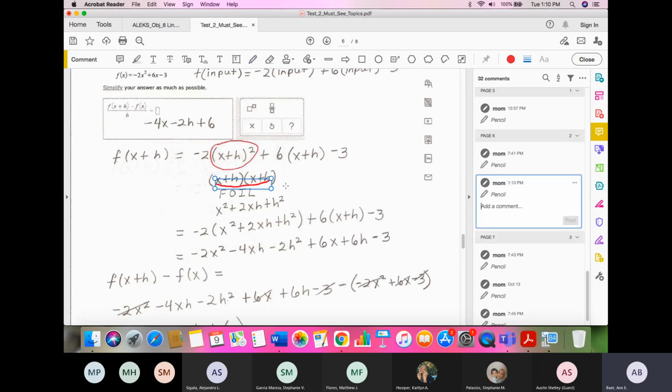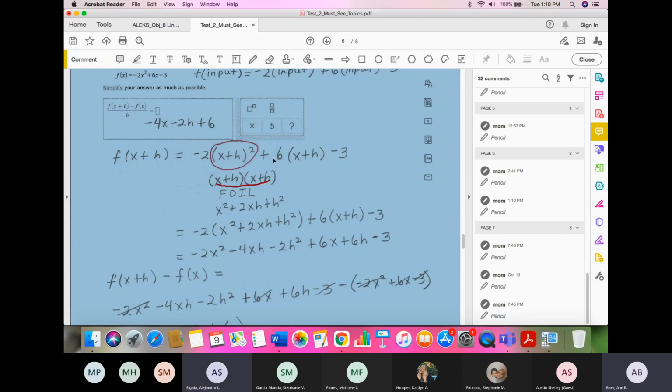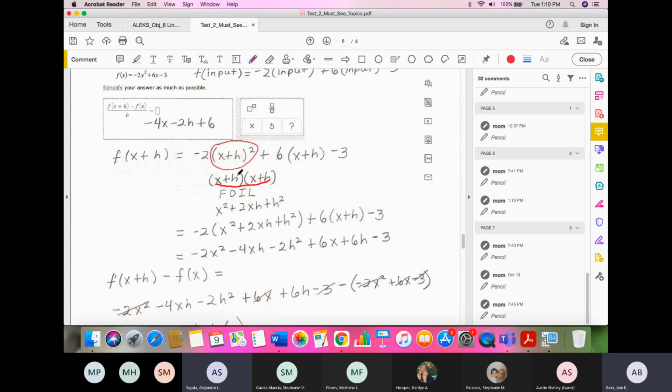Those are the outer 2. Okay? The inner 2, that's these guys. Those are the inner 2. So what do we have? The outer 2 gave us x times h.